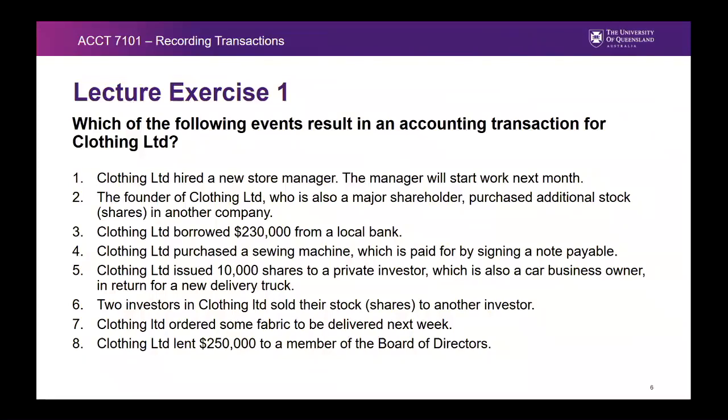Number eight, Clothing Limited lent $250,000 to a member of the board of directors. Would we record that? We probably would. That's actually fairly tricky, especially for our second week here. We've lent some cash, so we'd record a decrease in cash, and then there's a debt owed to the company by one of our directors, so we'd record that as a debt.